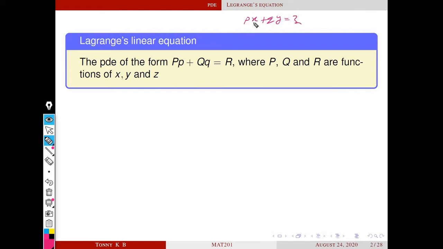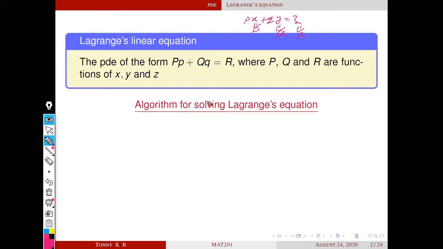Here, this is our capital P, this is our capital Q, and this is our capital R. Okay, so this small p represents the first order derivative of z with respect to x, and also the small q represents the partial derivative of z with respect to y.